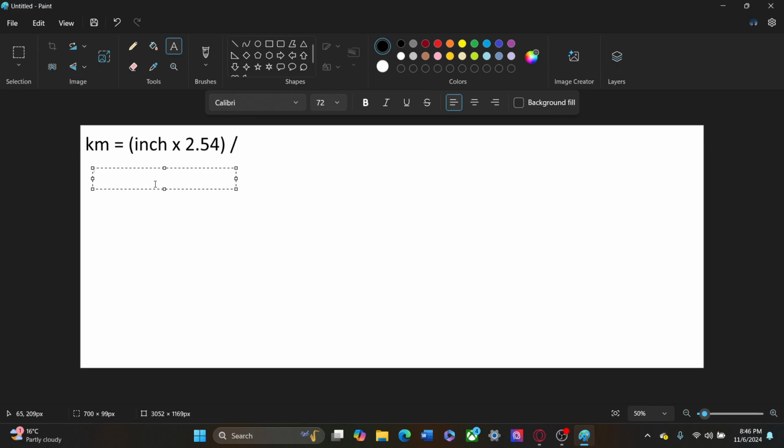So we know that in 1 kilometer, there is 100,000 centimeters.